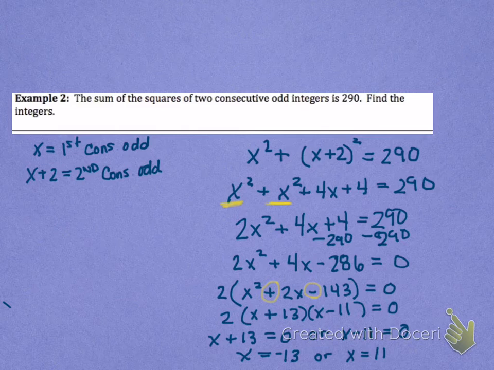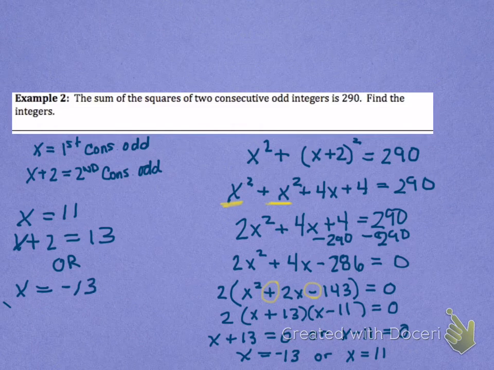And so we can either have x is equal to 11, and then x plus 2 is equal to 13, or x is equal to negative 13, and x plus 2 would equal negative 11. So we have those two different possibilities there.